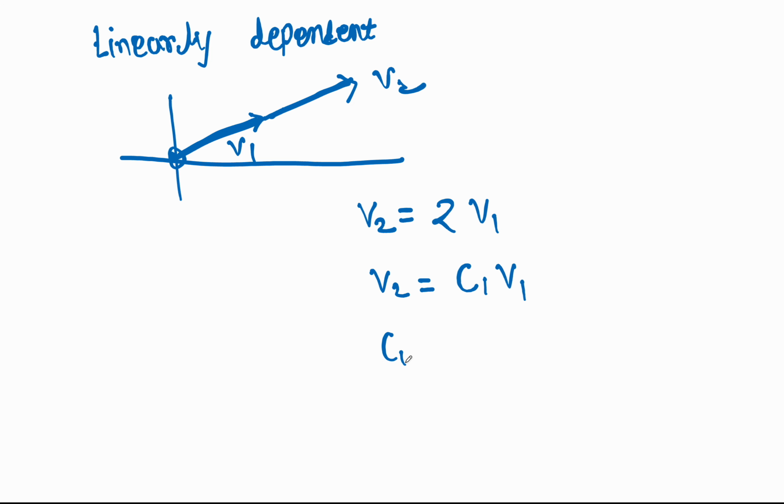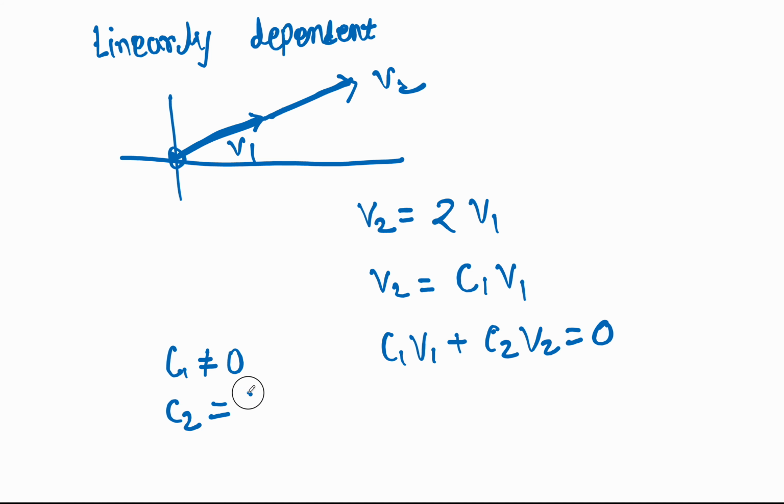We can write c1 v1 plus c2 v2 equal to 0, where c1 is not equal to 0 and c2 is, in our case, 1. So when there are two vectors and they are collinear, they are no longer linearly independent.